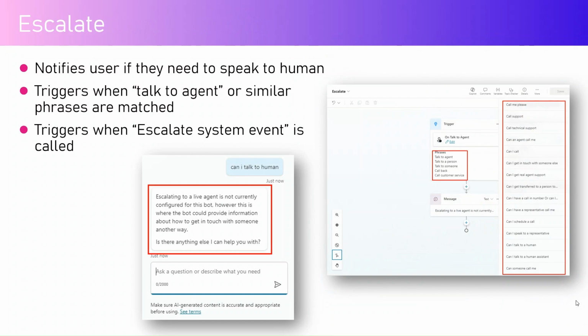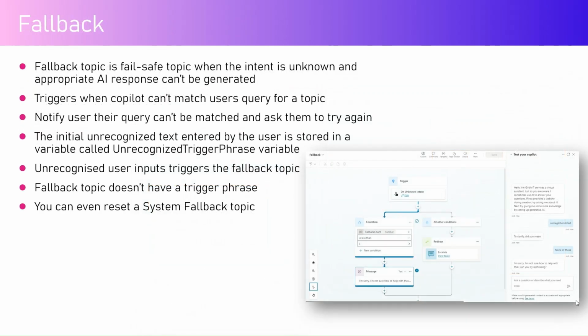Escalation basically notifies the user if they need to speak to a human. It triggers when talk to agent or similar phrases are matched. It also triggers when the escalate system event is called. So again, this is a trigger based either on phrases or on some event.